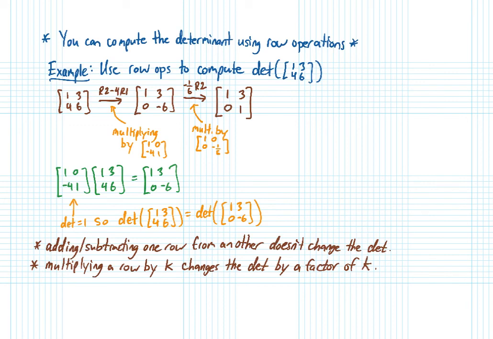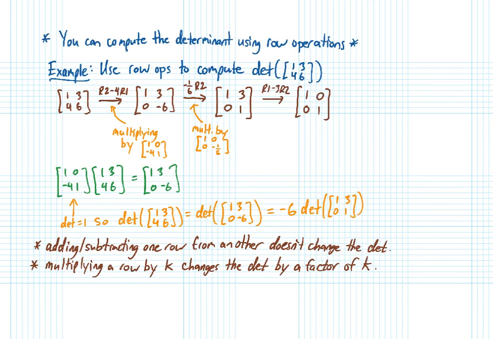So if we want to write down an equation that relates the determinants at this step, one way to do that is to introduce a factor that cancels out the effect of the row operation. And so we would get minus 6 times the determinant of 1, 3, 0, 1. The idea is that minus 6 cancels out the minus 1/6 that comes from doing the row operation.